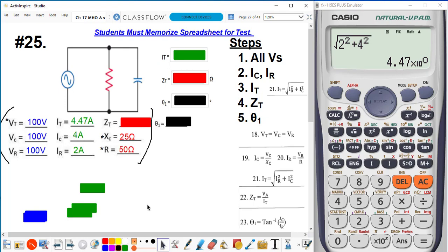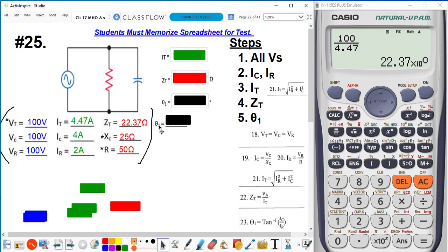Now that we have that, we will use formula number 22 you see here to find our impedance. So we take 100 volts divided by 4.47 amps. And this gives us our total impedance. So make sure that you follow that process.